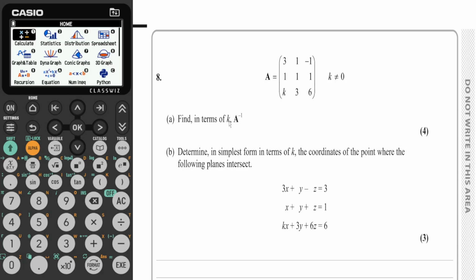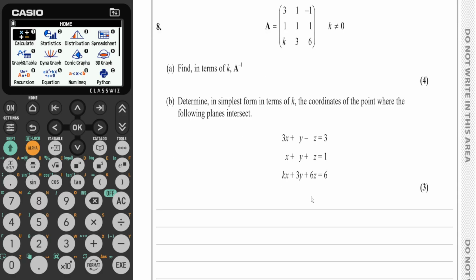Part A, we have to find in terms of k the inverse of matrix A. The first thing we have to do is consider the sign convention. We will use this throughout the question. We have plus minus plus, minus plus minus, plus minus plus.